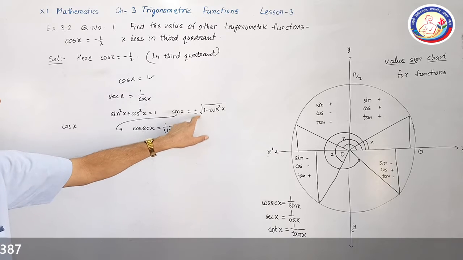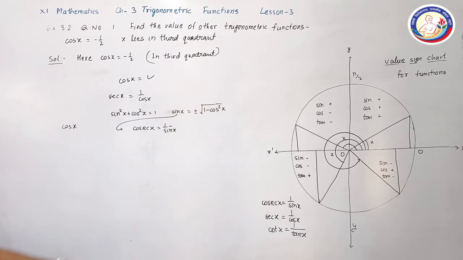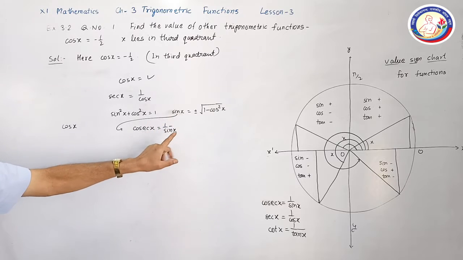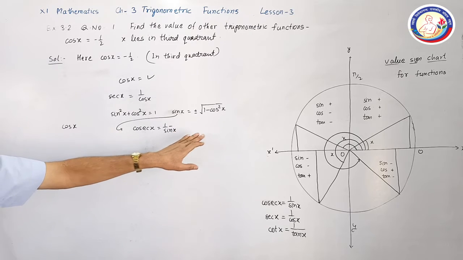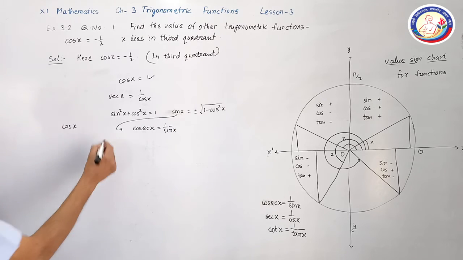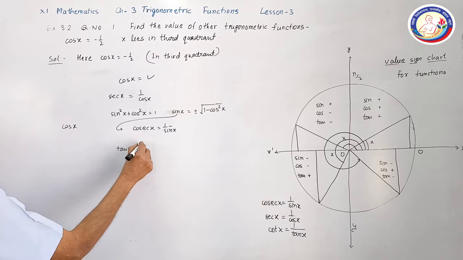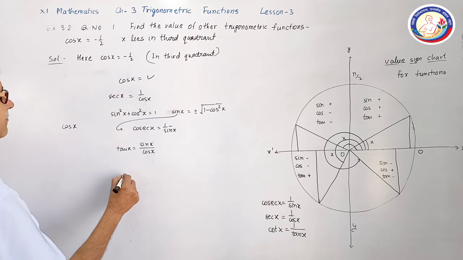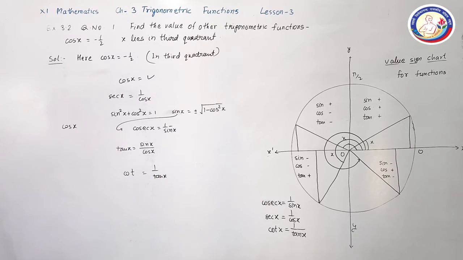We will find both the values and then decide whether it will be positive or negative. Then cosec x will be positive or negative depending upon the value of sin x. Then the remaining tangent we can find using the values of sine and cosine, and cot as 1 upon tangent x. So in this way we can find the values of the other 5 functions.